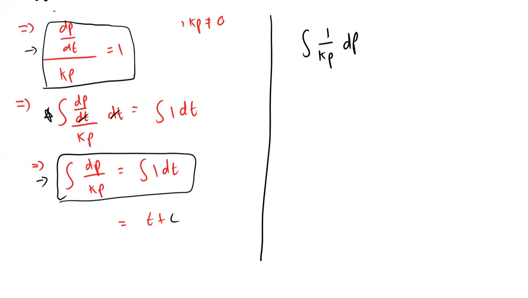So as before, you can do a few things. If you want, you can move the 1 over k outside. Now you need a u substitution. Oh, I guess you don't need a u substitution, because we know that an antiderivative of 1 over p is the natural log of the absolute value of p.